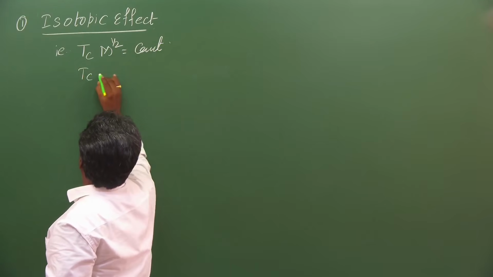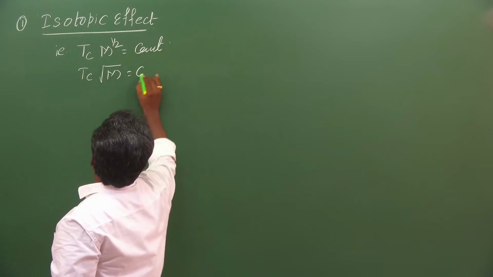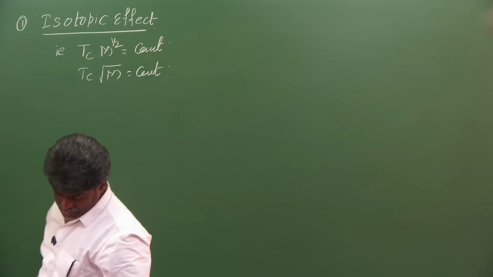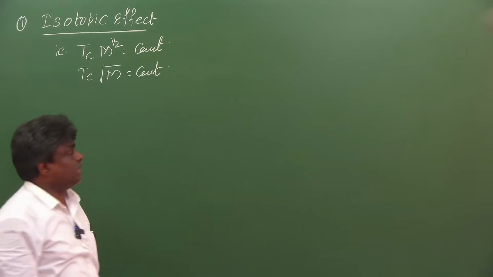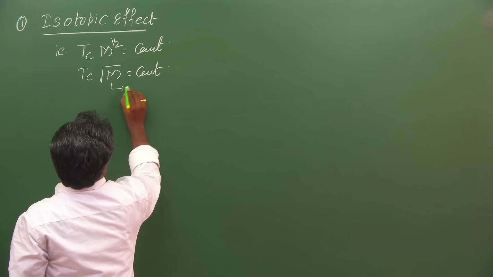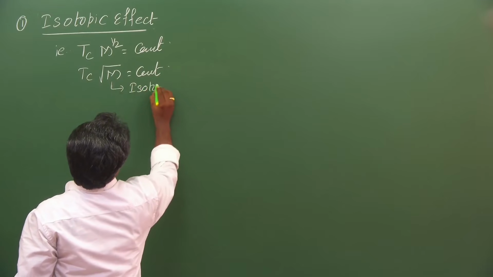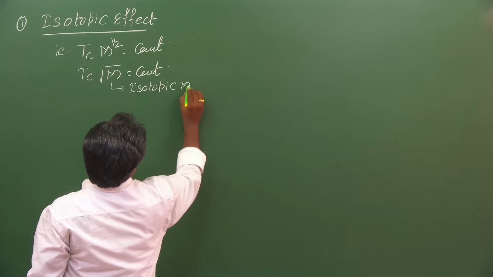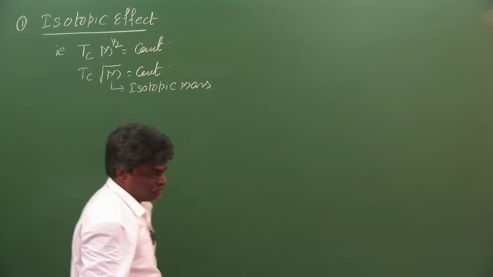That means Tc and root m is a constant, where m is the isotopic mass. Write along with me.